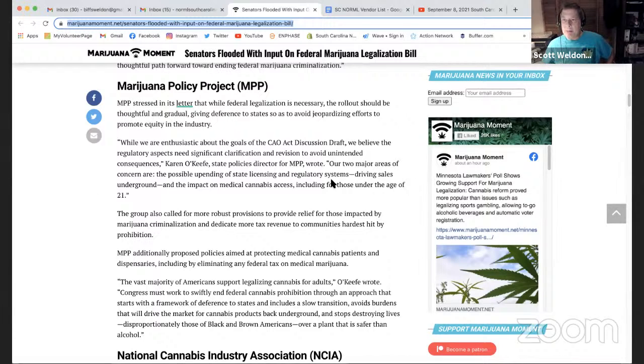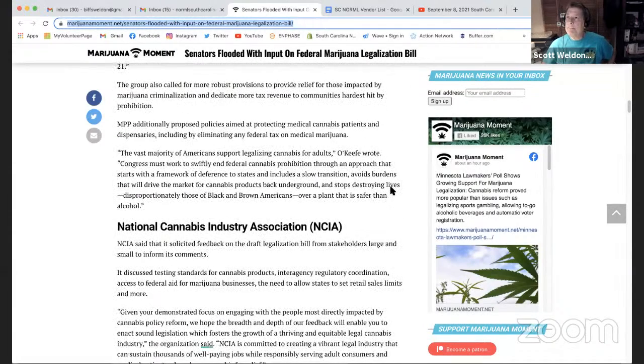Our two major areas of concern are the possible upending of state licensing and regulatory systems, driving sales underground, don't want to upend existing systems, and the impact on medical cannabis access, including for those under the age of 21. Again, MPP is calling for robust provisions to provide relief for those impacted by marijuana criminalization and dedicated more tax revenue to communities hardest hit by prohibition.